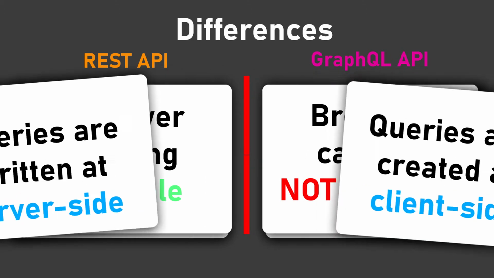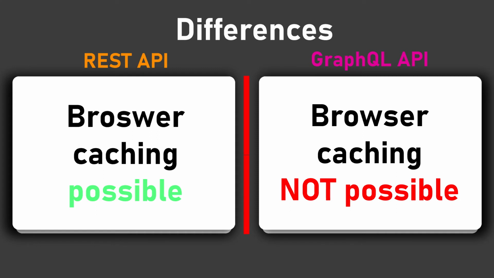When we speak about caching, there is no direct support in GraphQL when it comes to caching. Whereas RESTful API can leverage HTTP caching on browsers. So if you have seen on browsers, most of the endpoints of RESTful APIs are cached on the browser. But that cannot be done on GraphQL because we don't have different endpoints for each of the different functionalities which we want, right?